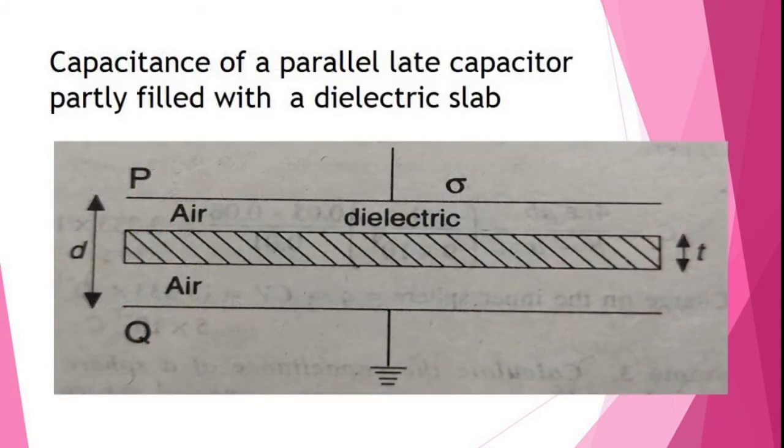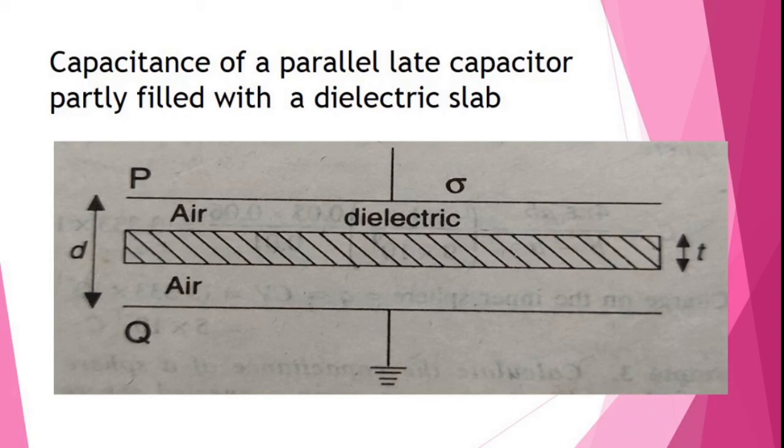And our last topic, the capacitance of a parallel plate capacitor which is partly filled with a dielectric slab. We had already studied the capacitance of a parallel plate capacitor with air as medium, isn't it? Where the capacitance is given by C is equal to epsilon 0 A by d.